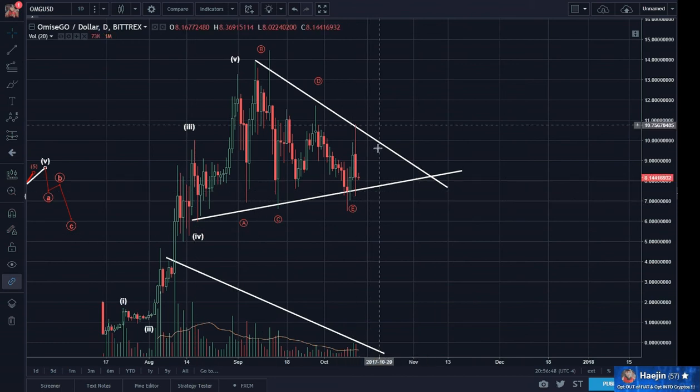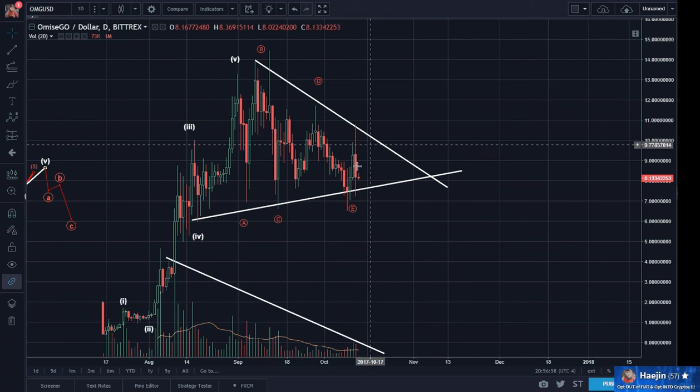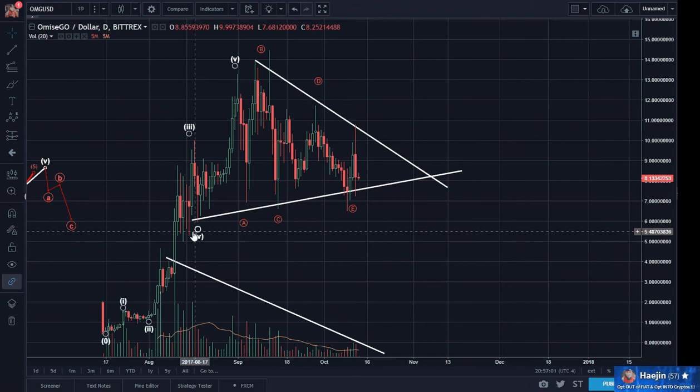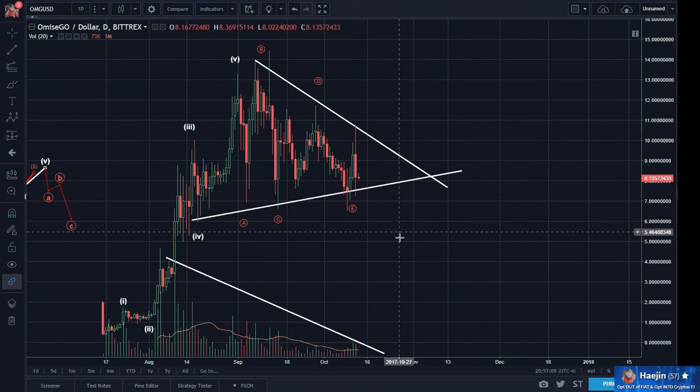You don't know whether it's going to go up or down. Usually when it's an A, B, C, D, E, and the E is in the bottom, the tendency is for it to go up instead of down. But it is a chart pattern of uncertainty. And until it gets resolved, either up or down, it's going to be on a bit of a holding pattern.